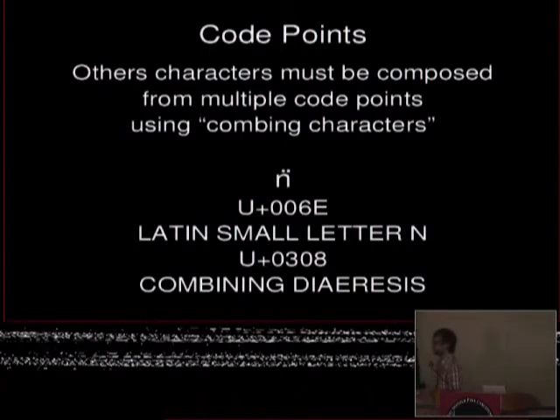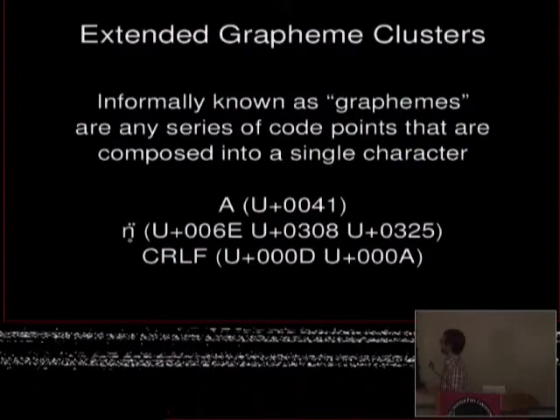And this is multiple code points, such as Latin small letter n, followed by combining diaresis, and it creates a grapheme cluster, an extended grapheme cluster. Commonly in the Perl world, you will hear this referred to simply as a grapheme. A lot of Unicode folks have problems with that because it technically means something different, but you'll see grapheme everywhere in the Perl world to mean extended grapheme cluster.